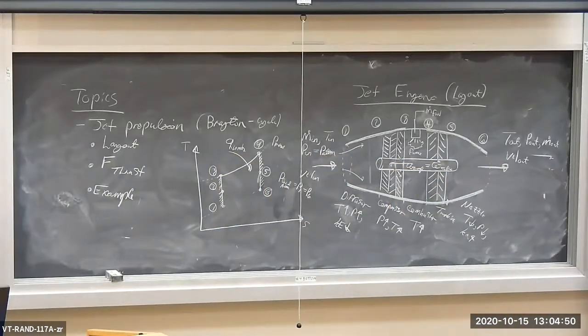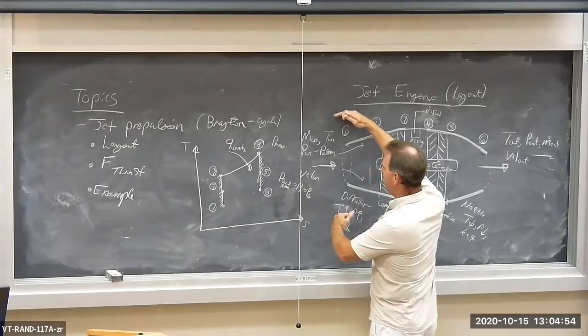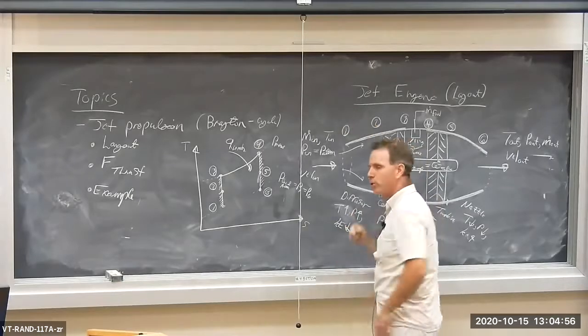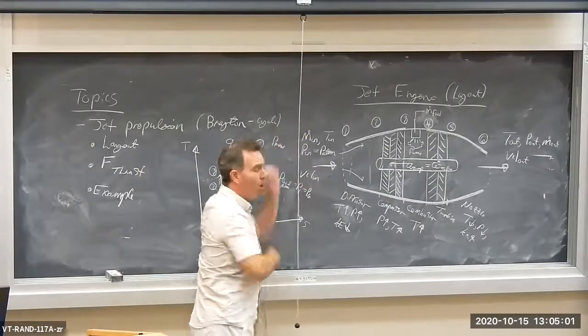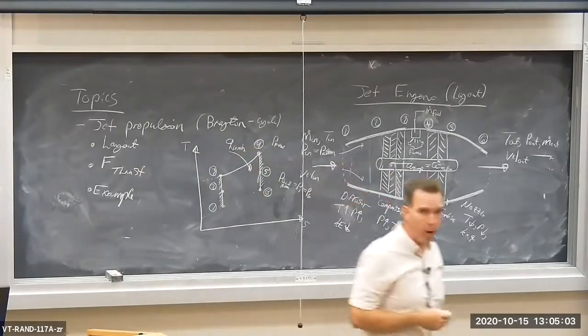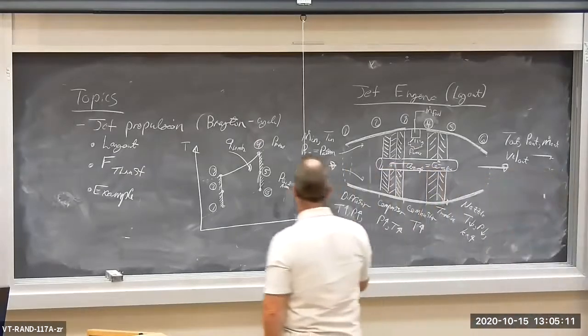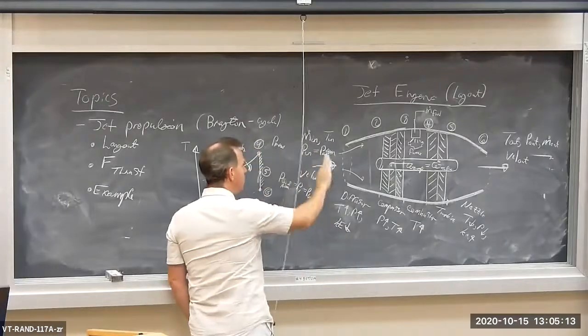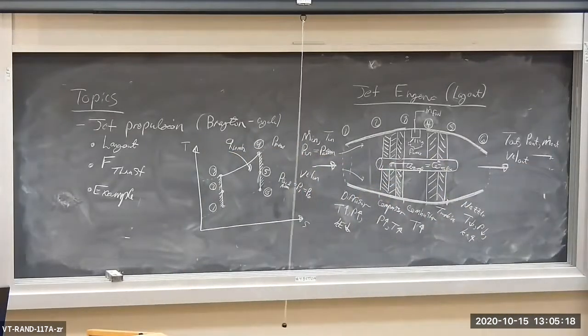Turbofans put a big fan right out in the front, and they actually do produce net shaft power to drive the big fan, or in the case of a turboprop, a big propeller. But we're going to make our life easy here and just look at jet propulsion. There's no fan, there's no propeller. It's just using the acceleration of the flow to produce thrust.